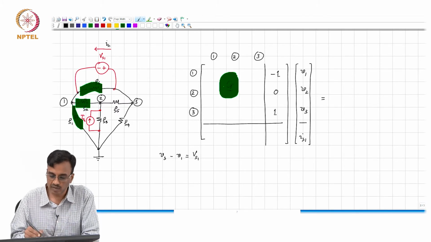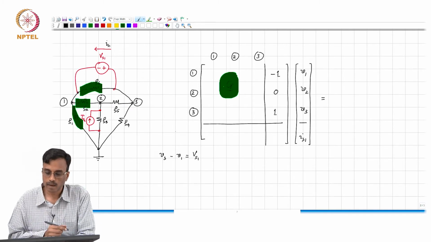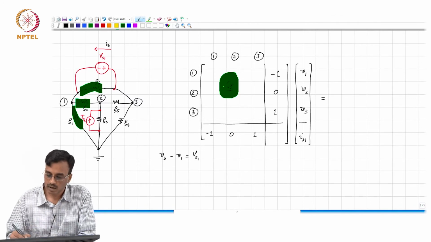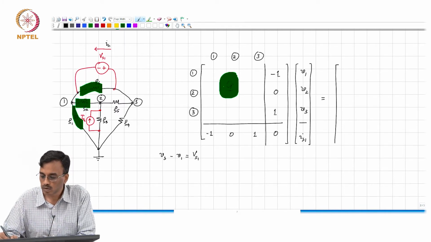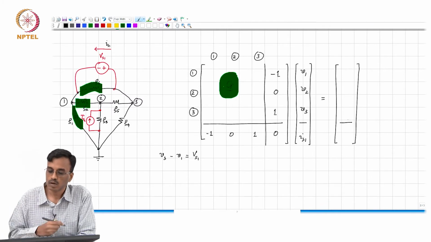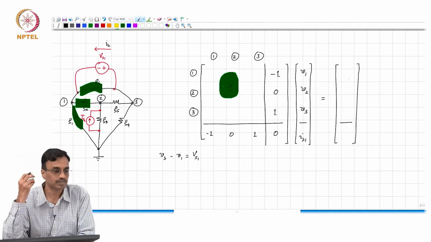How should I write that in this matrix? Fourth row: minus 1, 0, 1, 0 must be equal to what should the right hand side look like?